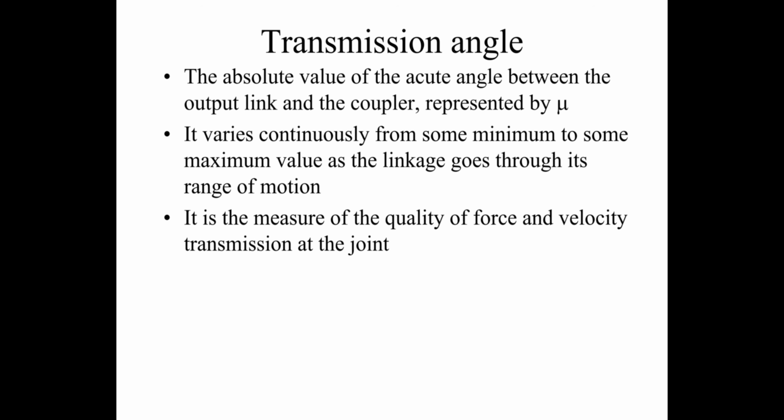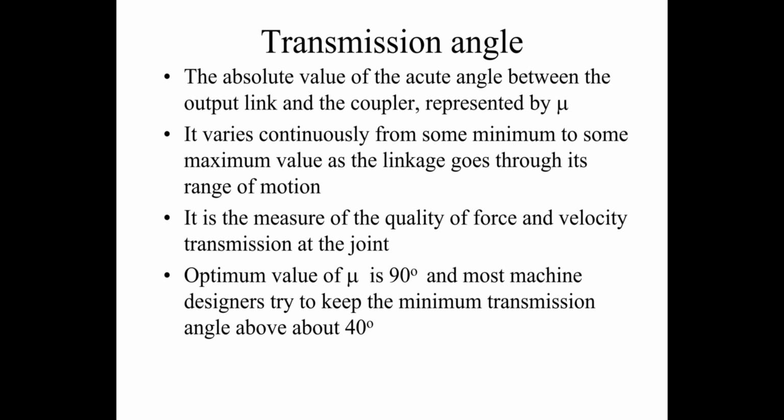It tells you about the amount, the quality of force and velocity which has been transmitted from one joint to the other one. Its optimum value is 90 degrees, when it is giving the maximum force transmission, and most machine designers make the minimum value about 40 degrees.